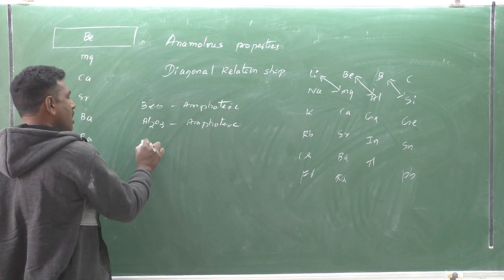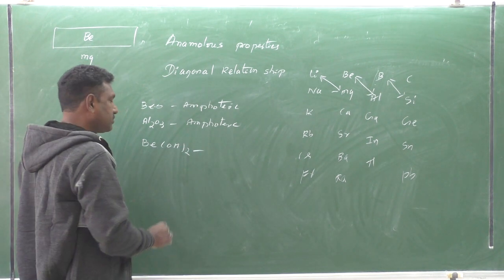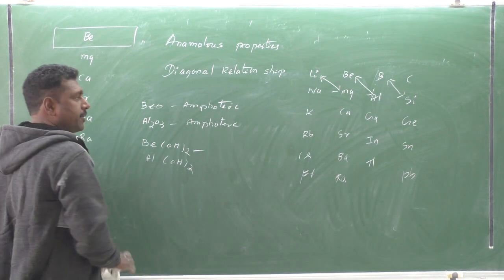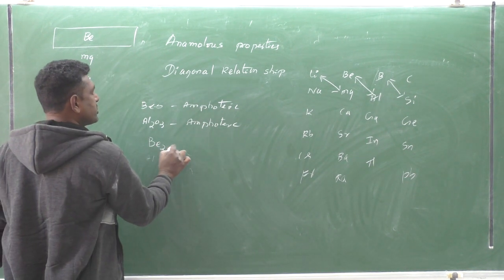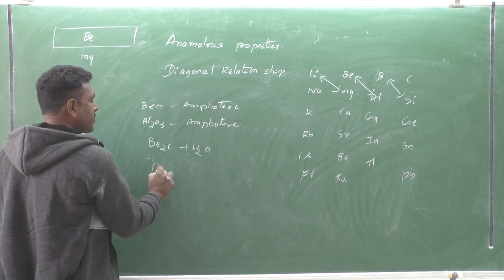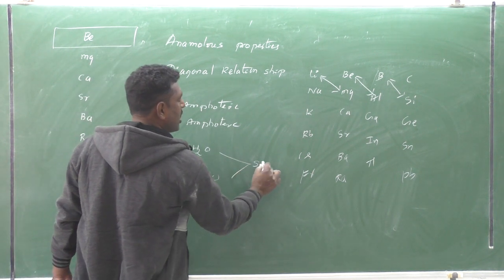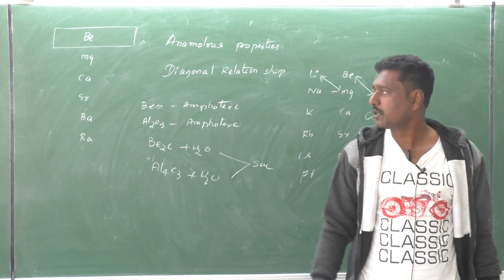Next one, beryllium hydroxide is a weak base. Aluminium hydroxide is also a weak base. And beryllium carbide, Be2C, on hydrolysis, the same product is formed. Aluminium carbide on hydrolysis, both form the same product. So these are the similarities.